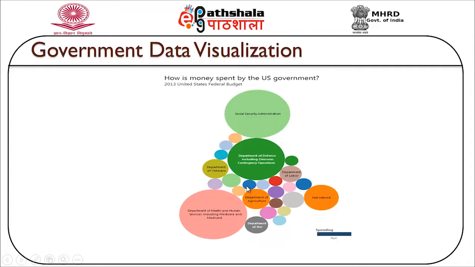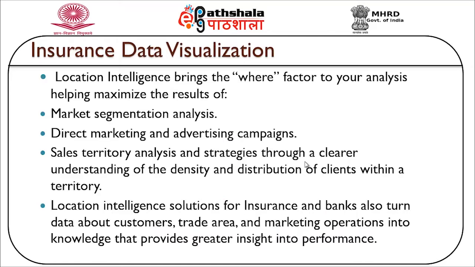From this we can easily understand that the Department of Defense is spending very little when compared to the Social Security Administration and the Department of Health and Human Services, which spend a huge amount when compared to the rest of the departments in the US government. So this is one kind of government data visualization chart that has been prepared.